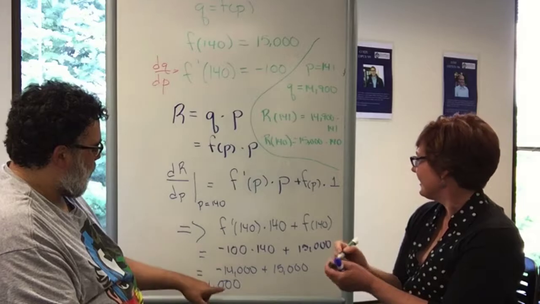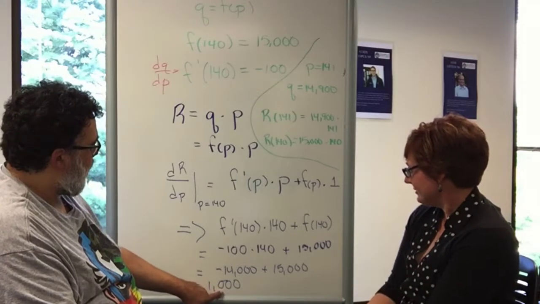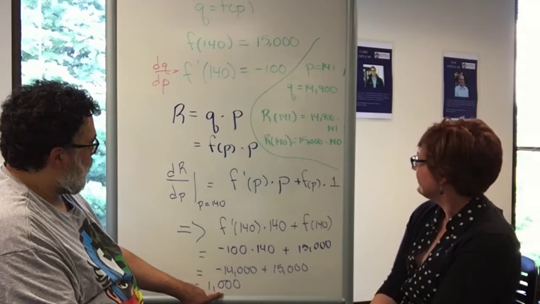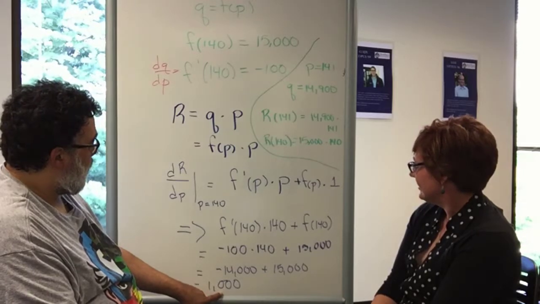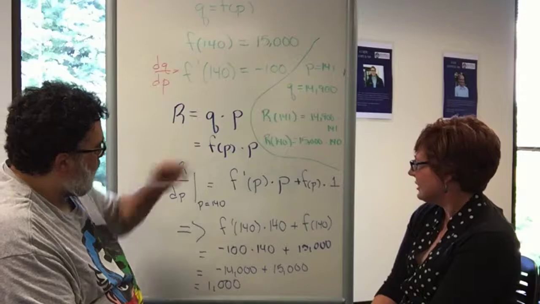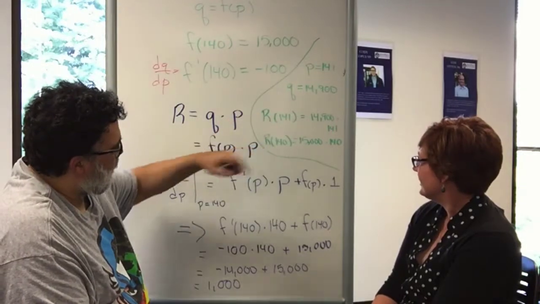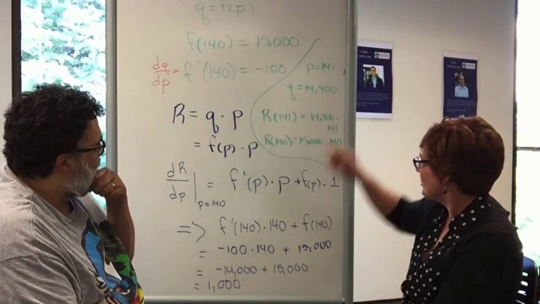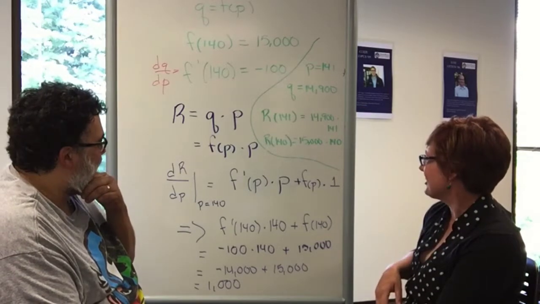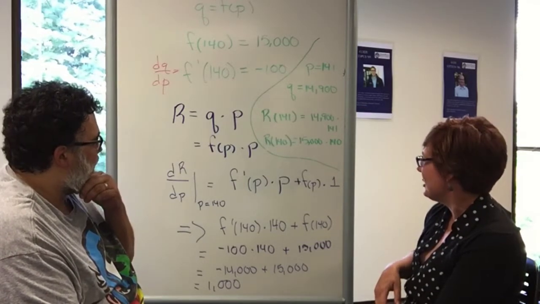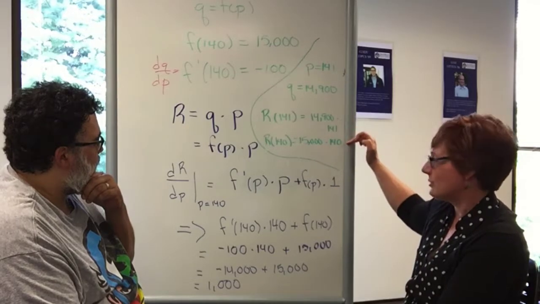So we would compute, and we'd expect revenue at 141 to be around $1,000 more than that. This one would be harder for me to do mentally, so I would want to choose an appropriate tool to figure that out, but I would expect this to be about $1,000 more than that.